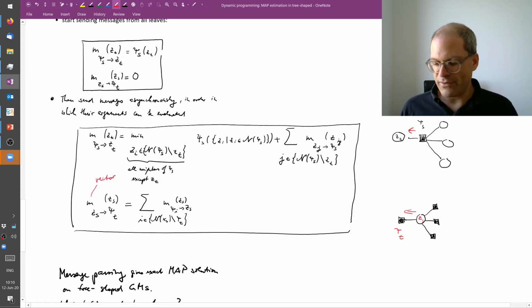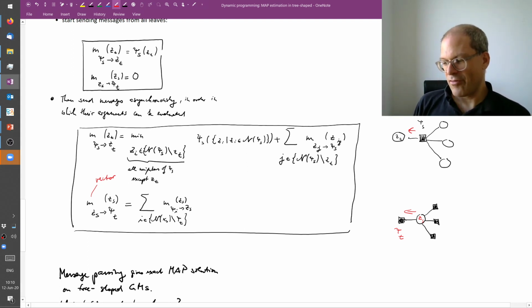If zs has different possible states, then what this message says is, what is the sum of the smallest possible paths from all the side branches that meet at zs? What's the sum of the minimal costs to end up in a given state in zs? And if zs has capital K possible states, then this is a vector with 1 times K entries.